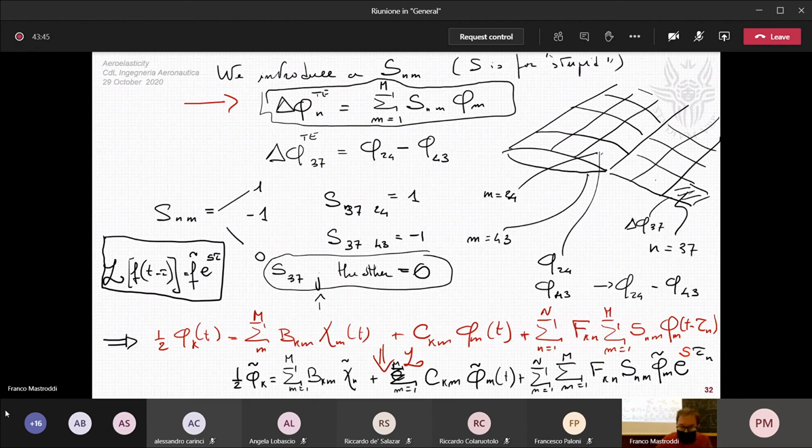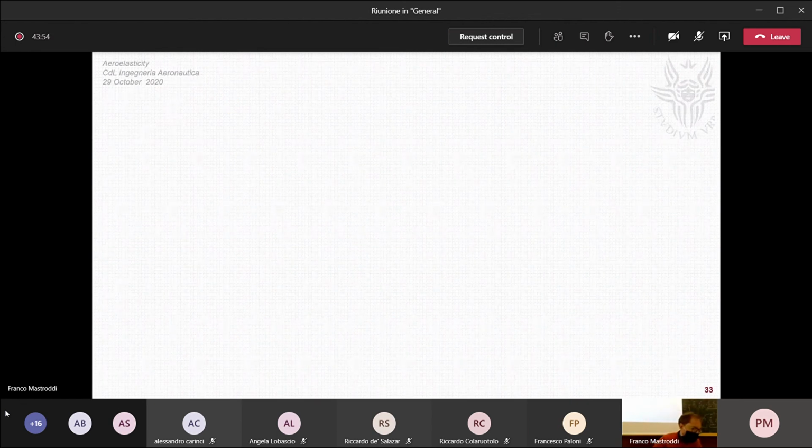Okay, the last concluding part of this expression: if you move to the left-hand side, we can move 1/2 phi tilde_k minus, excuse me, you can multiply this by a Dirac delta_km, so you can write m here.